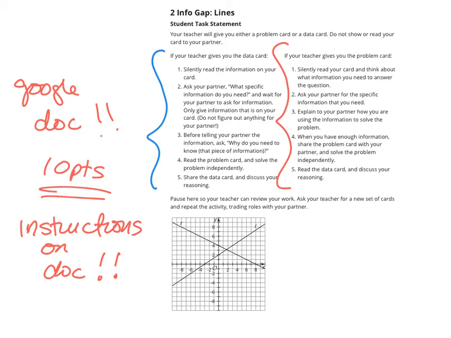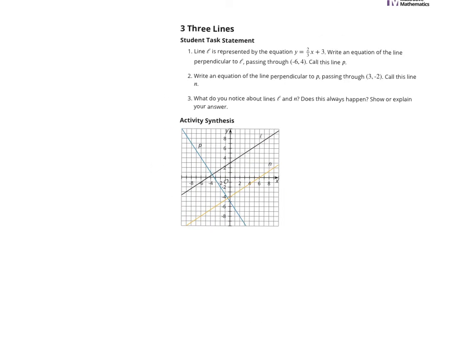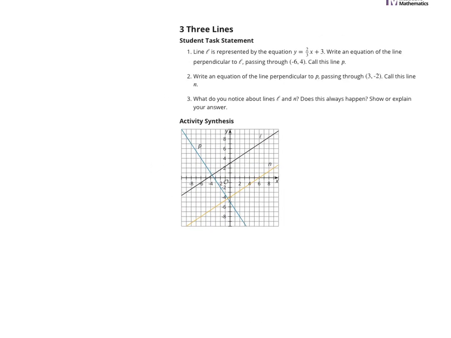And then last but not least, line L is represented by the equation y equals 2/3 x plus 3. Write an equation of the line perpendicular to L passing through negative 6, 4.